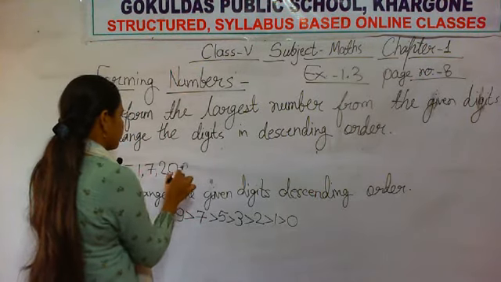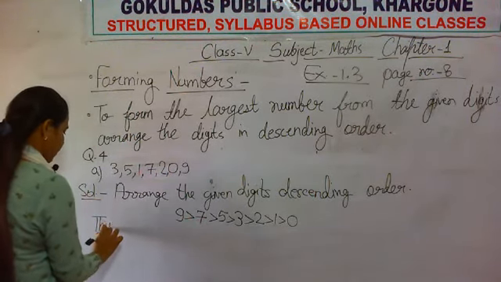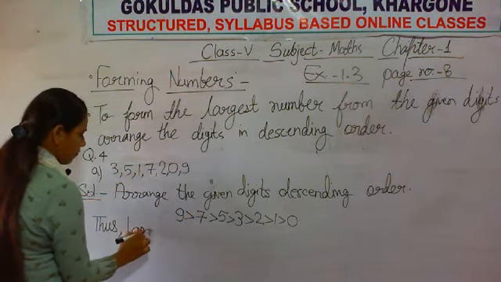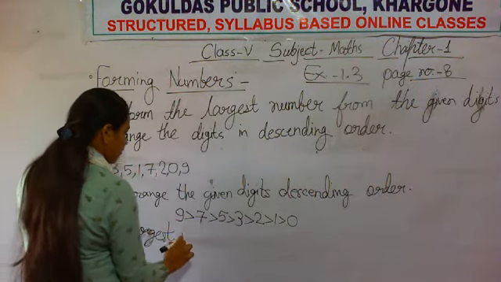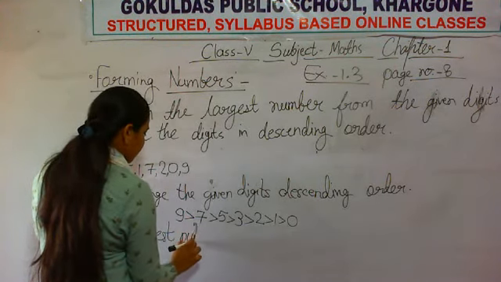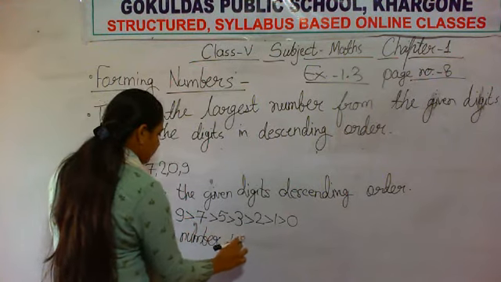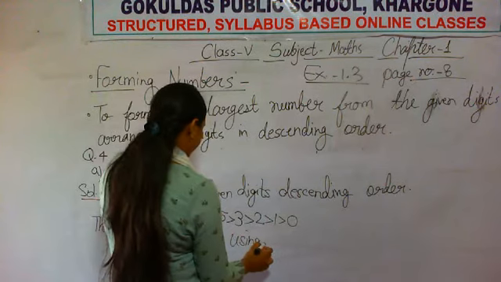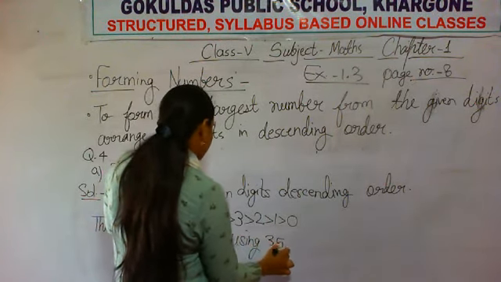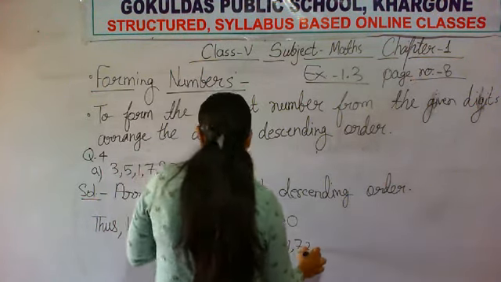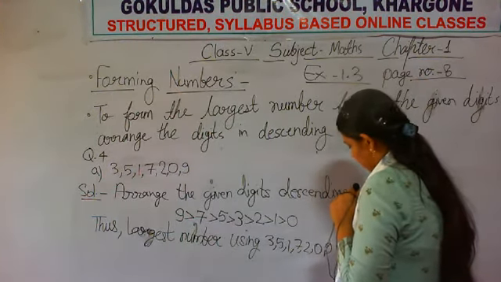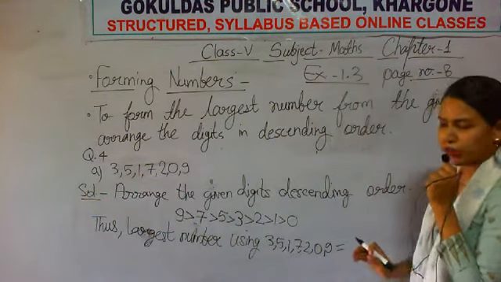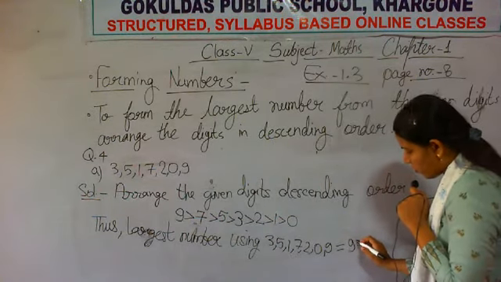So the largest number using 3, 5, 1, 7, 2, 0, 9 is equal to, as I told you, you have to write all the digits in descending order without the symbol.